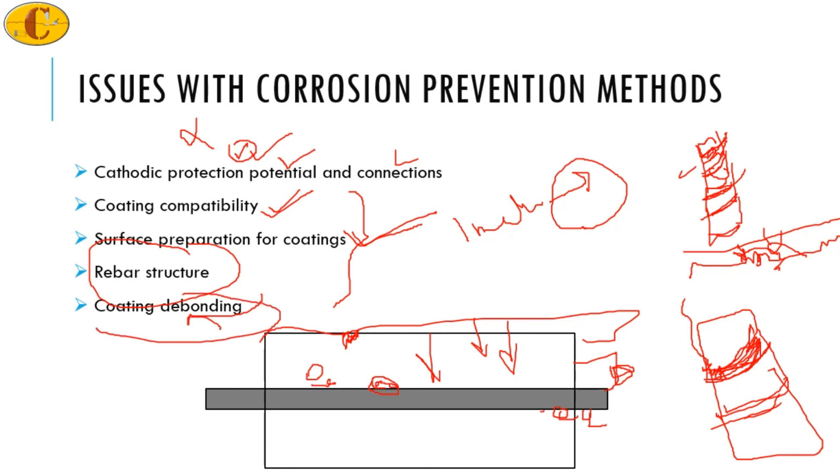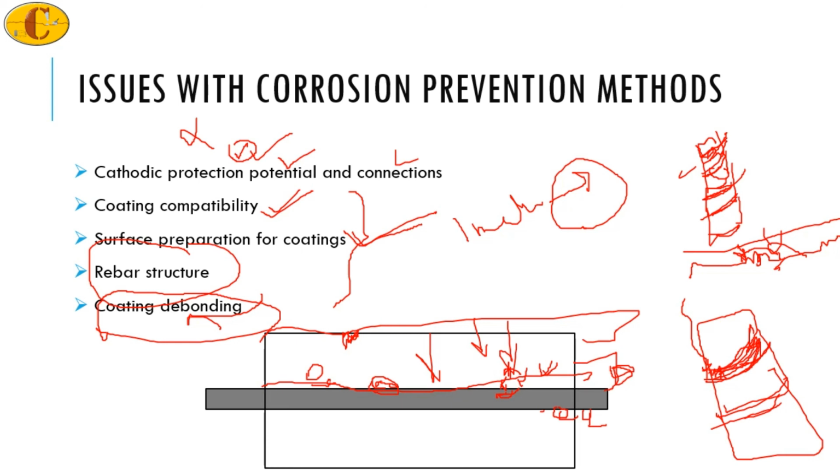This is the major issue, because coating debonding inside the concrete is very difficult to detect, and once it is debonded, you have completely lost the coating, leading to corrosion underneath. The corrosion will lead to stresses as mentioned previously. Also, this kind of debonding will prevent the CP currents from reaching the substrate as well. So that is another issue that may cause problems with rebar corrosion.